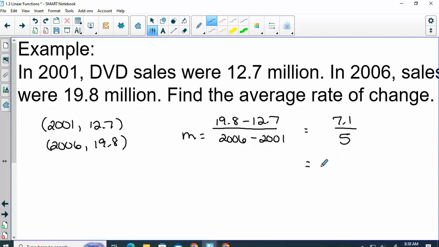So if we divide those, it's 71 over 50 in fraction form. Decimal, I think, is 1.42.